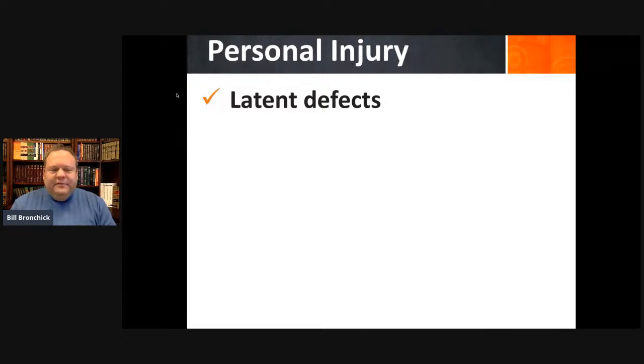For example, if there are issues with plumbing in the walls that you're aware of, leaks and things that cause mold, and you don't disclose that to a tenant, and that tenant as a result gets sick, you could be held liable for that latent defect by not disclosing it, because how would they know other than ripping open the wall, which of course you're not going to let them do on a showing.